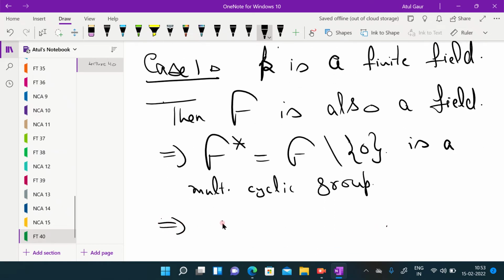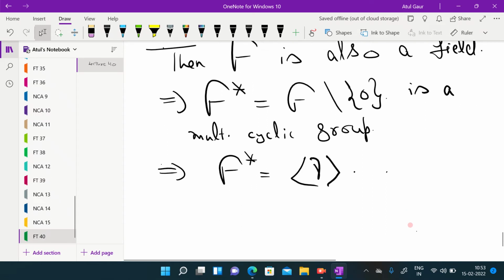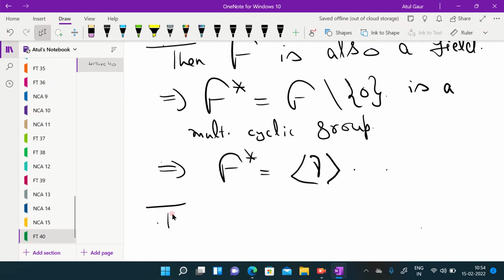So you will have a generator. Let's call the generator gamma. So this gamma will be the primitive element. Is that fine?